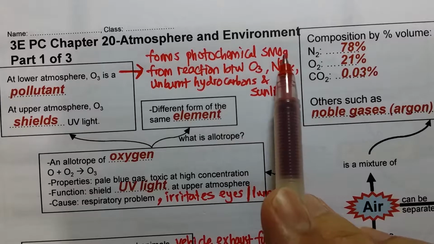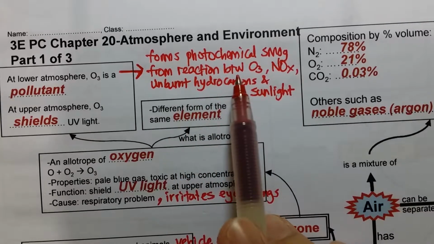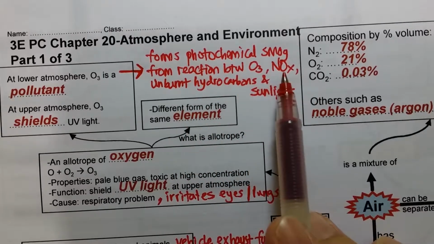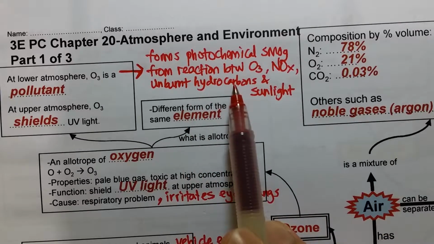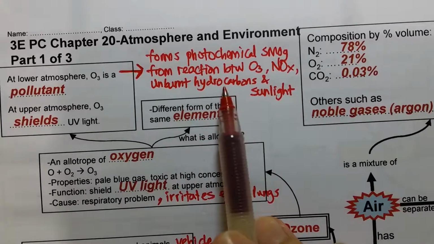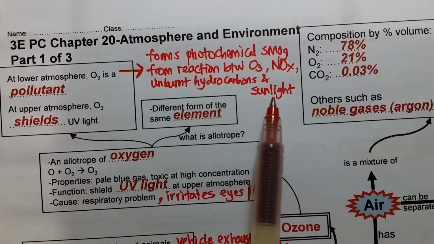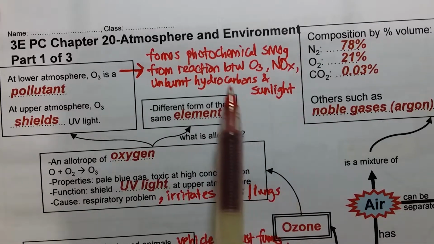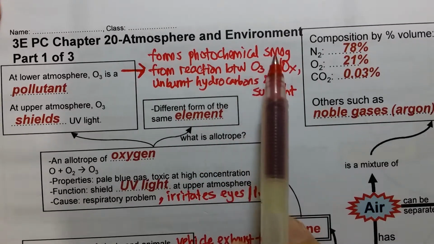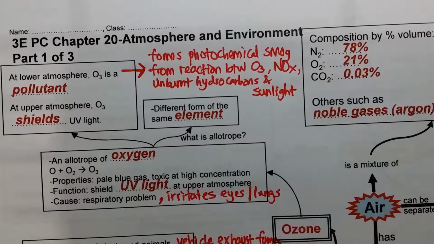So this photochemical smoke is formed from the reaction between ozone, nitrogen oxides, unburned hydrocarbons, which come from the exhaust of the vehicle, as well as sunlight. When these four things react, they would form photochemical smoke, which makes the city sky look blurry.